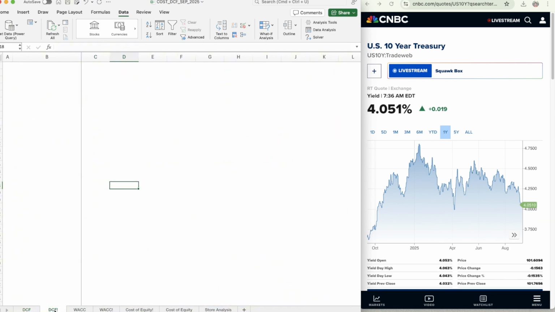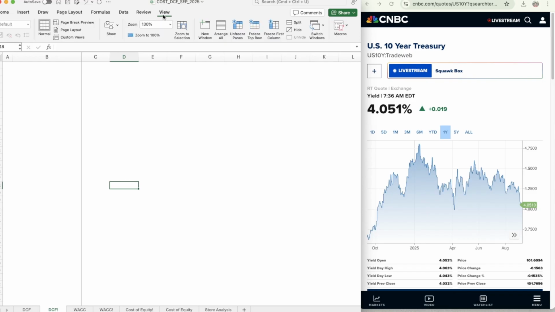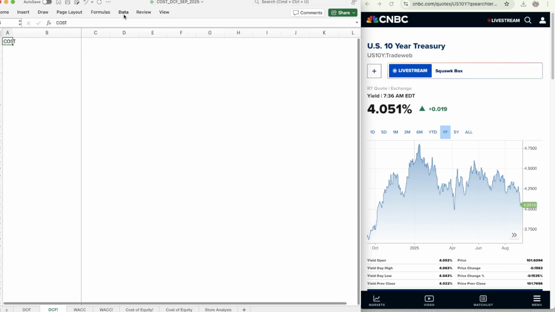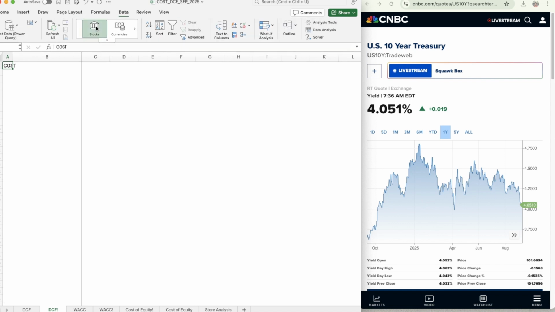First thing we're going to do is open a new page. So yeah, insert another column. Well, first of all, freeze the first pane. You go view and you say freeze first column, then insert another column, make the A smaller and the B larger. And in A1, we put cost, with that being Costco's ticker, and we can say data, come back, we go stocks.